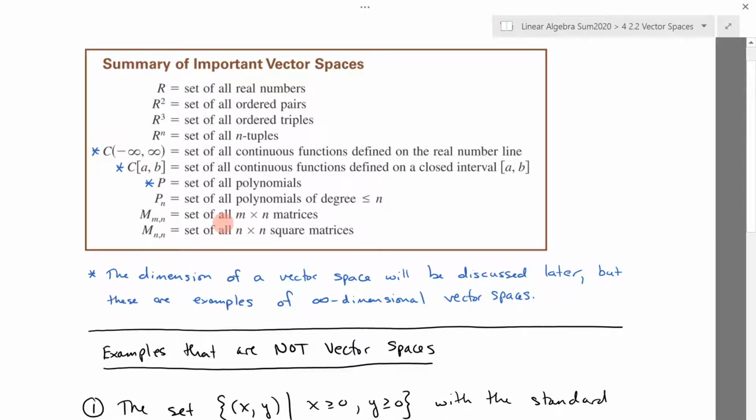You basically just think about how many coordinates you need to represent a vector in that space. So P sub n has the n powers of x plus the constant term, so that's n plus 1.